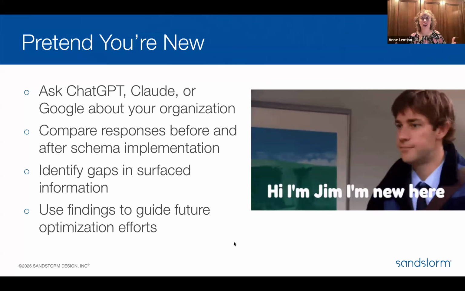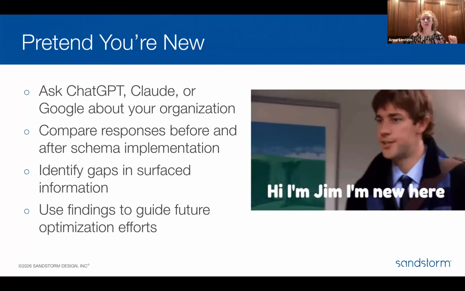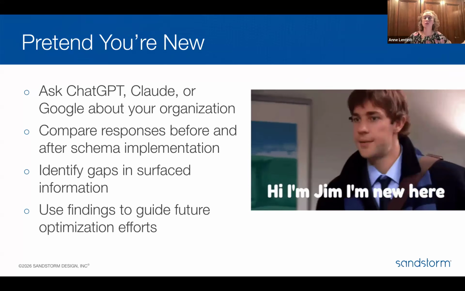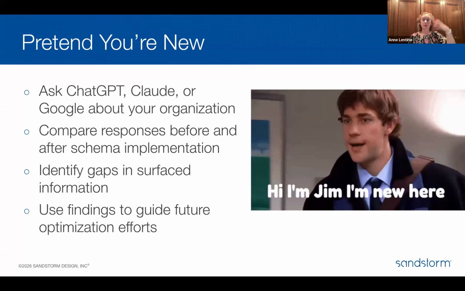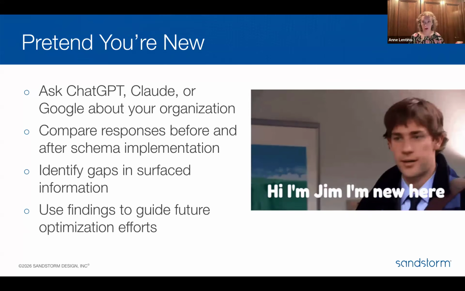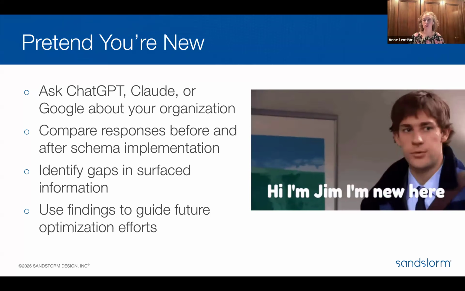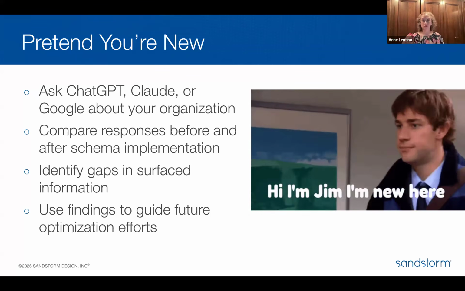Another thing that we like to try is pretend you're new. Go to ChatGPT or Claude or your favorite LLM and say, what does this organization do? What is this organization about? If you do that prior to embarking on this journey and afterwards, you can observe the change in what results come back and how much the schema implementation is helping you.